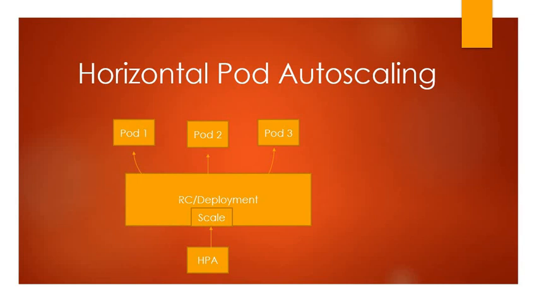Basically, it autoscales as a control loop that runs intermittently. It is not a continuous process. There is an interval set by the horizontal pod autoscaler sync period, which is the parameter that checks whether there is a requirement for HPA or not.